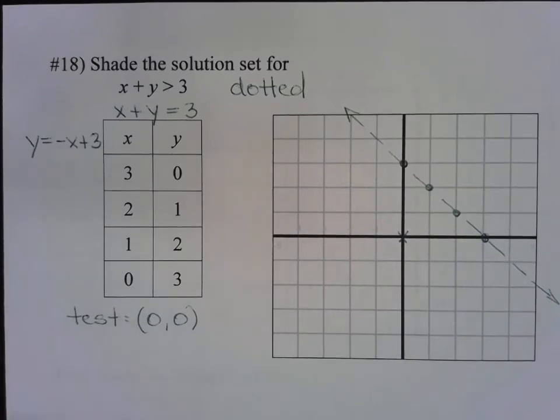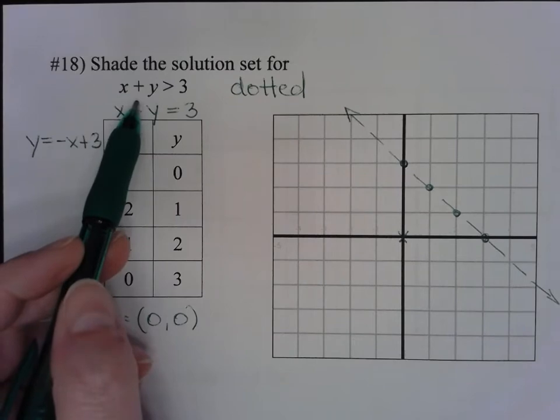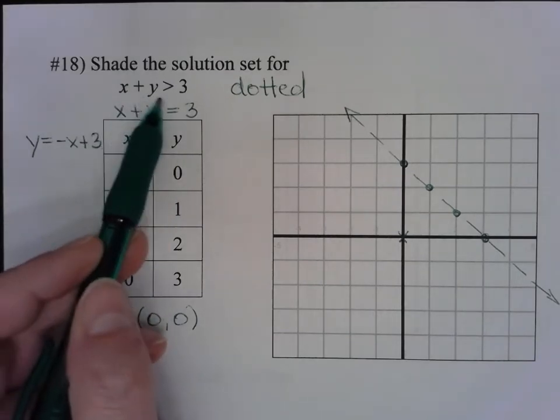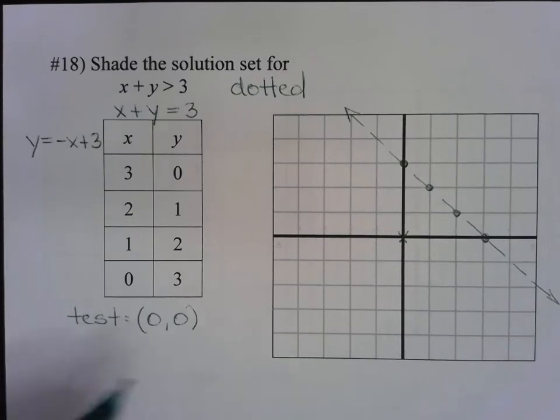So I'm going to test the point 0, 0. It is important that you always go back to the original inequality so that you don't get fooled by some error you may have made along the way. So we got 0 plus 0 is greater than 3. 0 is not greater than 3. That's false.